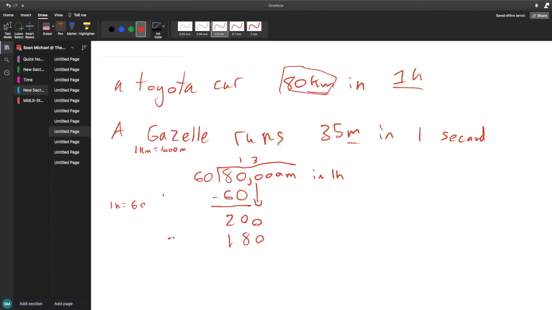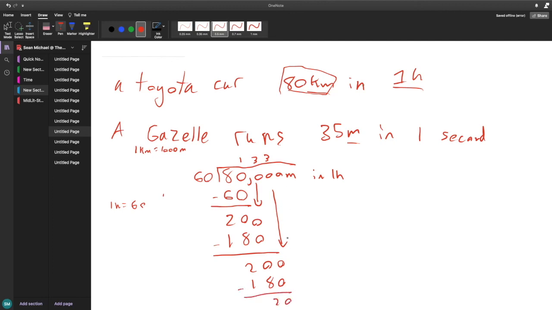4 times would make 240, and that's too much, if we remember. So we have to do this, and this will give us, again, 20. So then we drop another 0. It'll be 200. It goes in 3 times. That's 180 again, which will give us 20.